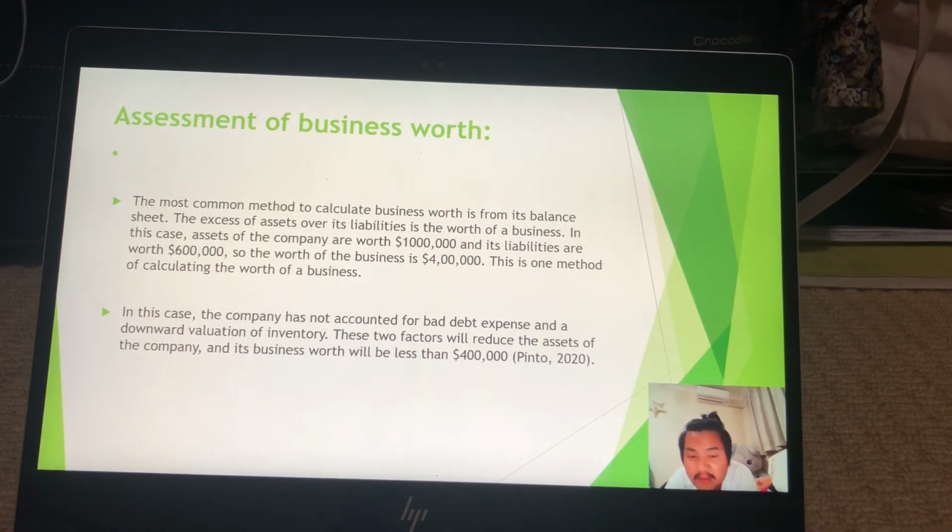However, there are other factors which are to be considered, like the income statement of a business, the revenue that the company is generating, its expenses, and the profit the company is making during a tax period. In this case, the company has not accounted for bad debt expenses and downward valuation of inventory. These two factors will reduce the assets of the company and its business worth will be less than $400,000.